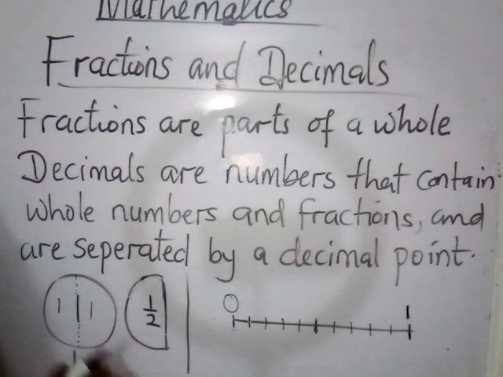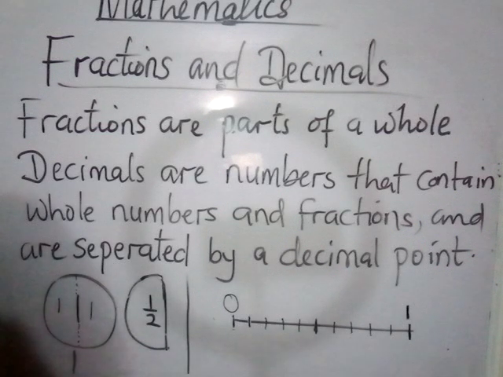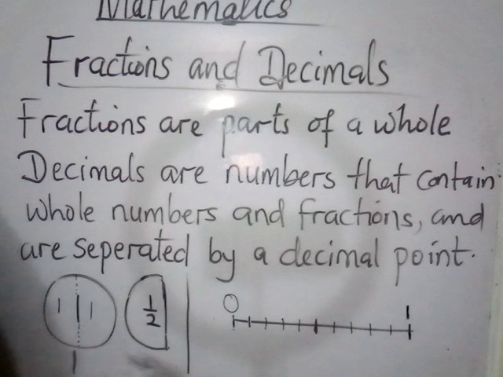Now, I'm writing this deliberately because I know you know fractions already, but I'm trying to get somewhere, to help you get the relationship between fractions and decimals. Now, let's look at this number line we have to the right here. This starts from 0 to 1. I want to use this number line to try and help us see how this half can be represented as a decimal number.